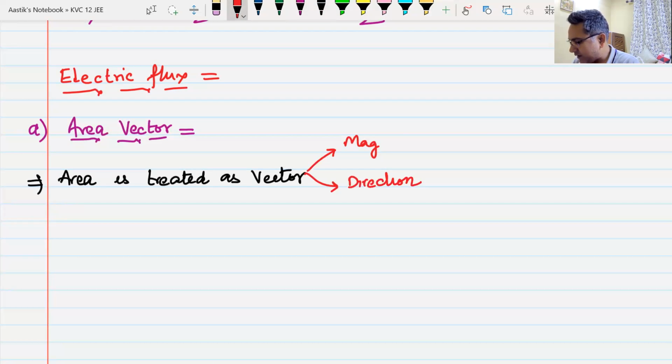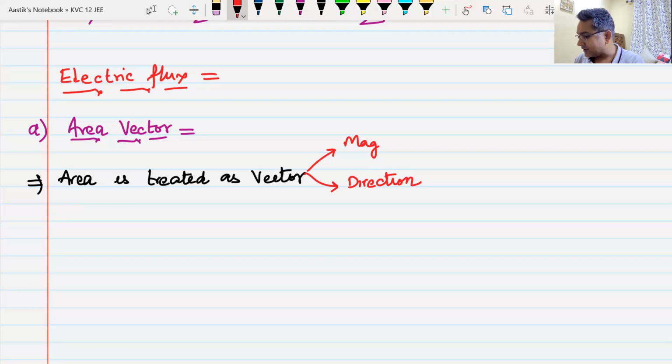The magnitude of area you have been dealing with since standard third or fourth. The area of a circle is pi r square. The area of a rectangle is a into b. So you all know about the magnitude of area, yes or no? The only new thing that we are going to understand here is the direction of area.